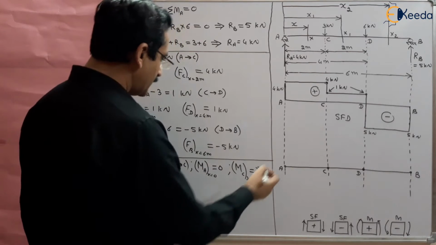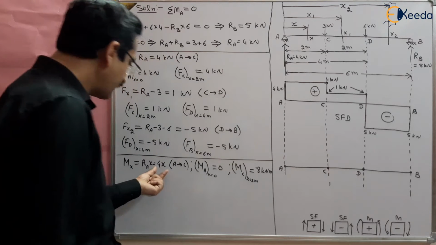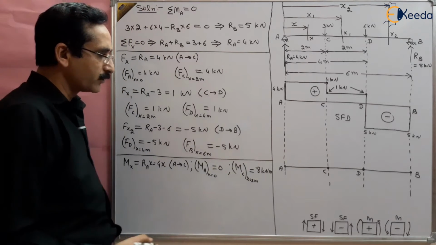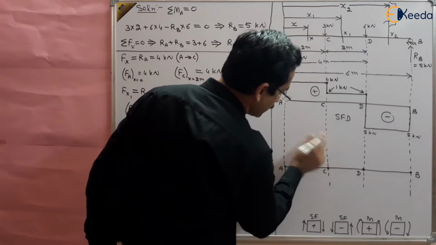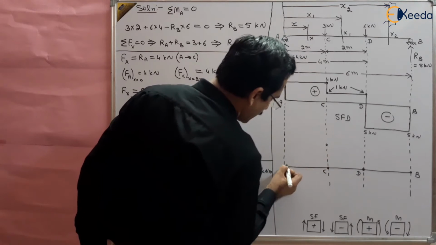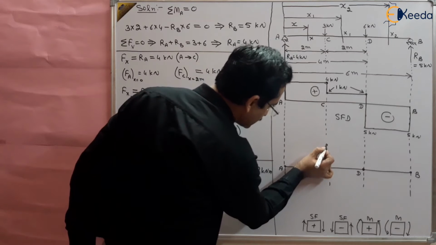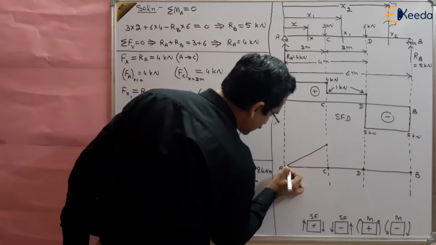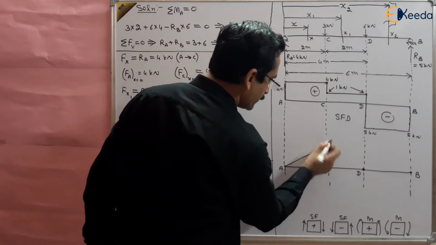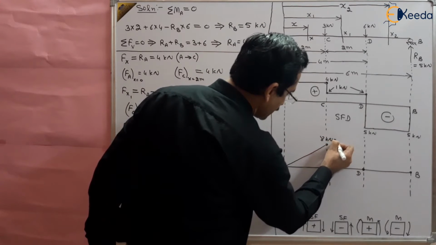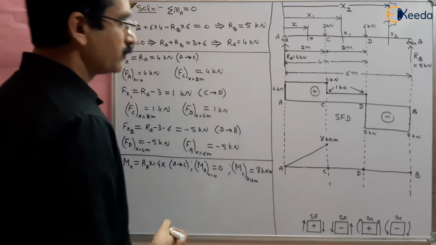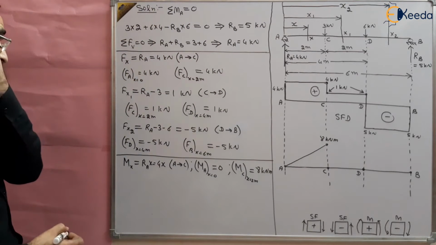So from A to C, this is a linear variation from 0 to 8 kilonewton meter. Suppose this point is 8 kilonewton meter, and from 0 to 8 is a straight line. We have drawn this, right?